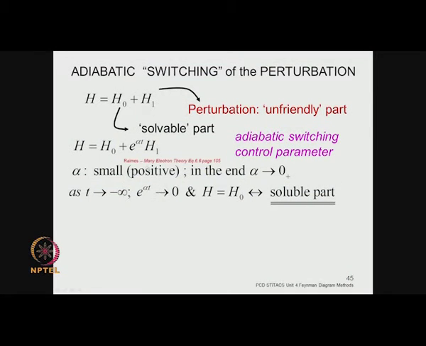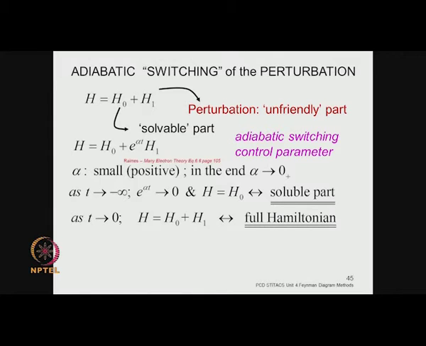So, in the limit t going to minus infinity, alpha is a positive number, okay, and we will let the limit alpha go to 0 while staying positive. Okay. So, alpha is some tiny positive number which will eventually find its limit, which is 0. So, in the limit t going to minus infinity, you have got the soluble part of the Hamiltonian, and as t goes to 0, you get the full Hamiltonian, which is really the problem for which we are finding solutions.